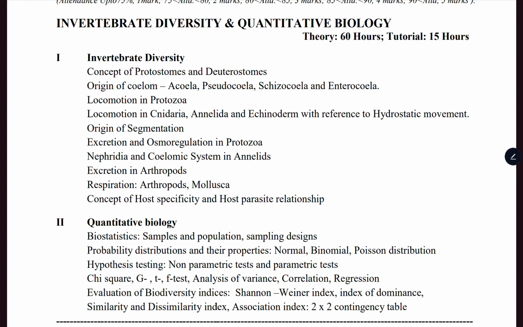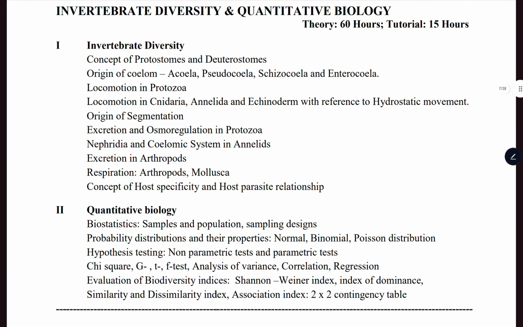In invertebrate diversity, we have to study concept of protostomes and deuterostomes, origin of coelom, acoelom, pseudocoelom, schizocoelom, enterocoelom, locomotion of protozoa, locomotion in Cnidaria, Annelida, and Echinoderms with reference to hydrostatic movement, origin of segmentation, excretion and osmoregulation in protozoa, nephridial coelomic system in annelids, excretion in arthropods, respiration in arthropods and molluscs, concept of host specificity and host parasite relationship.